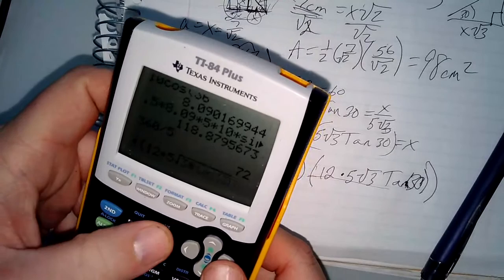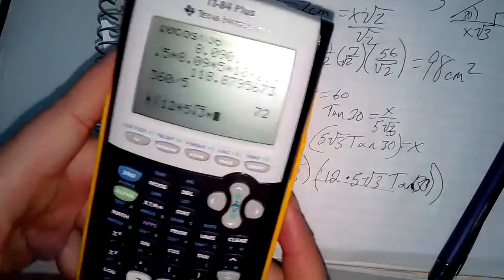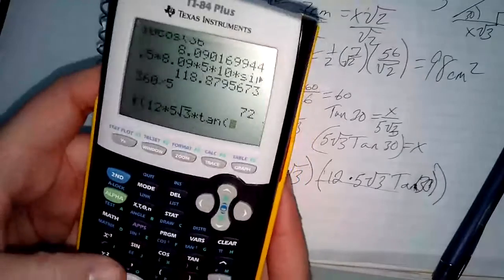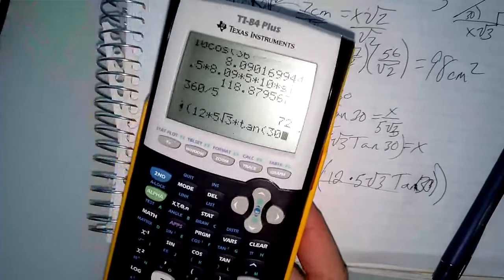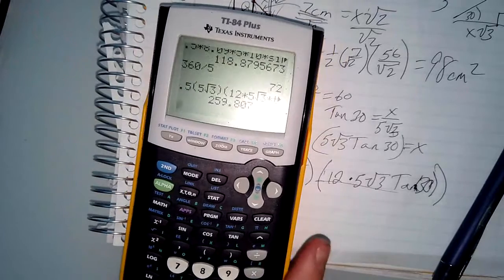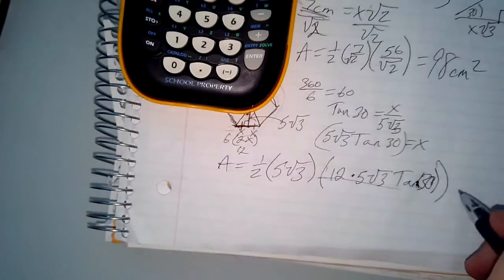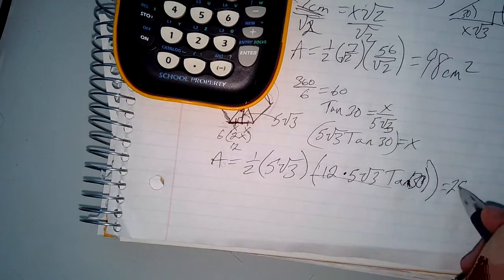Times tangent of 30. All right. We hit enter, and we get 259.8. So that whole thing is 259.8 centimeters squared.